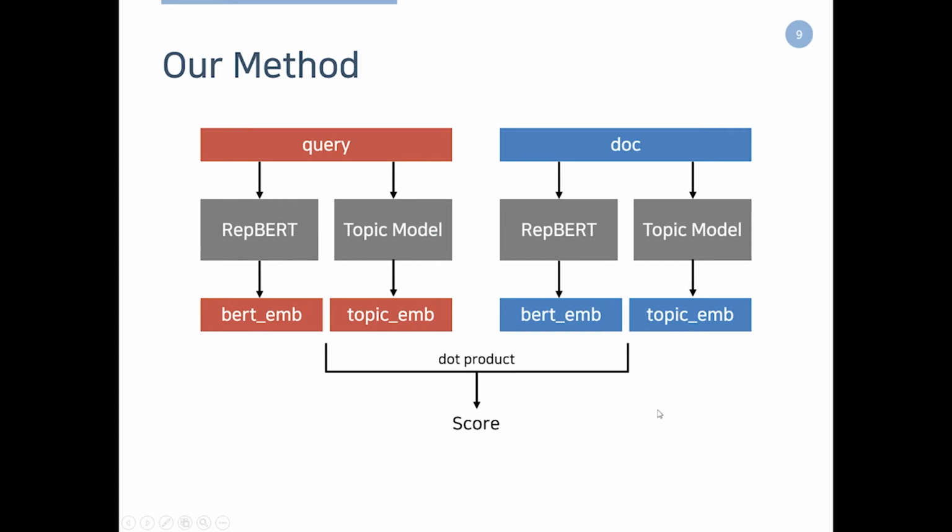So the overall method looks like this. The left one is the query side, how to get the query embedding, and the right one is how to get the document embedding. It's also the same. For the query, we make a BERT embedding through RepBERT, and a topic embedding through the topic model, and also for documents, and then we can take the dot product to get a score.